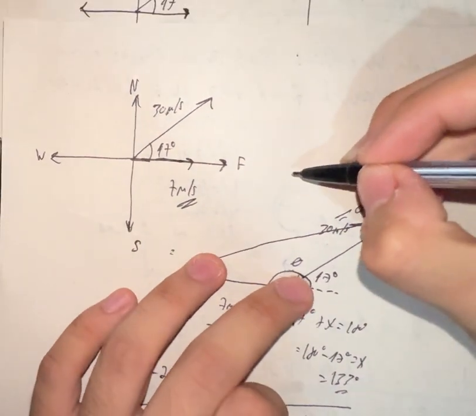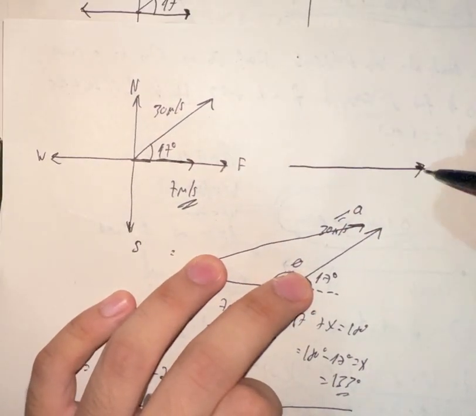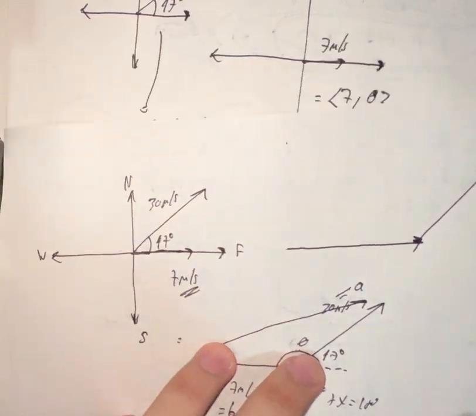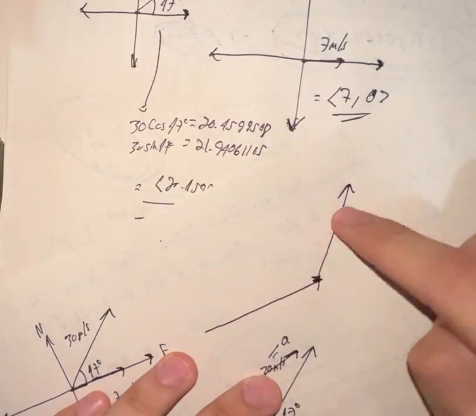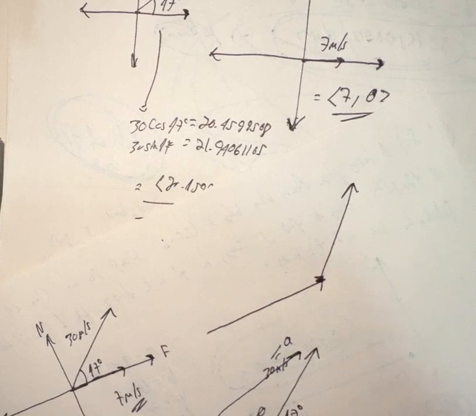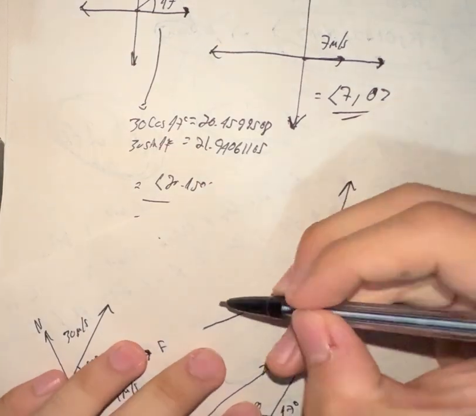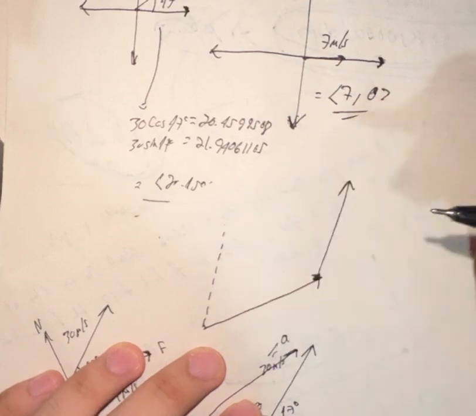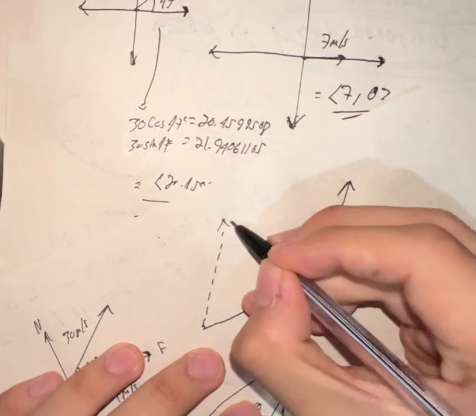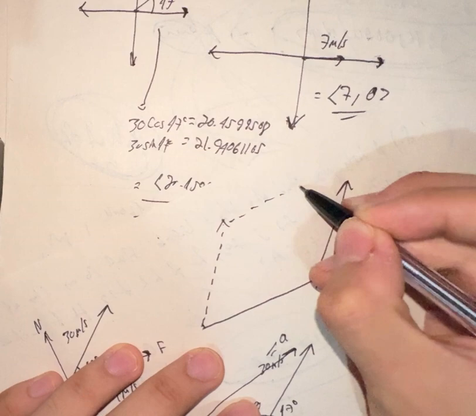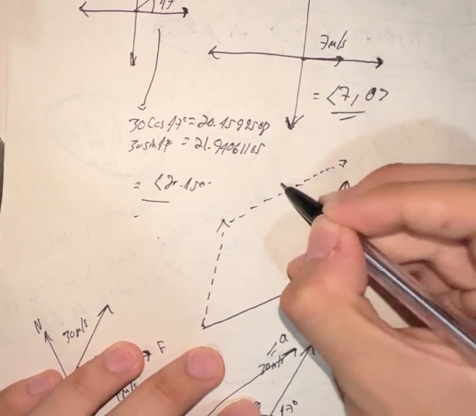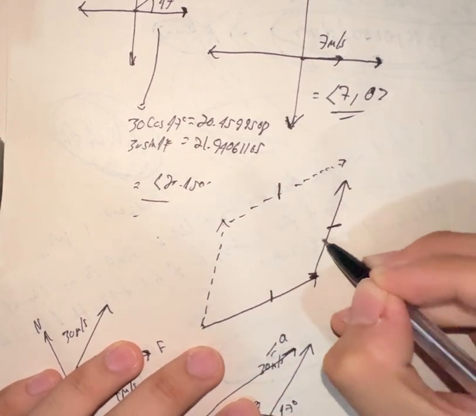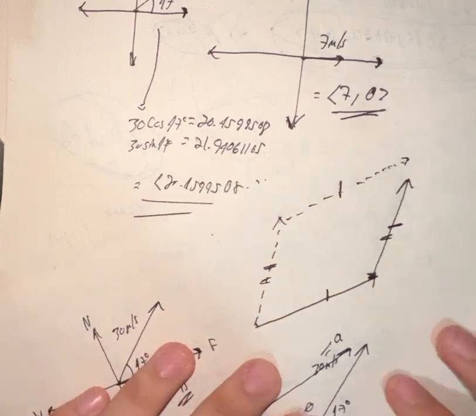Okay, I'll show you why. Imagine these are two vectors here. Two vectors will always follow the layout of a parallelogram, meaning two opposite parallel sides are congruent. So this is congruent with this one, and this one is congruent with this one as well.